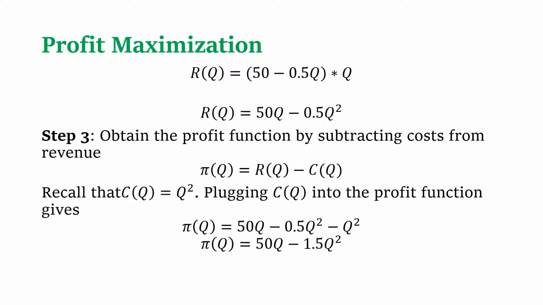Please don't say it is 1 minus 0.5, which is 0.5. No, that is wrong. I see many of you made this mistake in your problem set 1. So you have to be very careful with the signs, okay? So once you have that, you have 50Q minus 1.5Q squared.